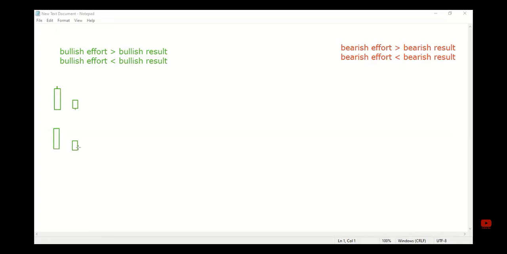So if we compare these two candlesticks and these two volumes, what we see is this is valid, because this is the effort, that means volume effort is greater, and the candlestick is also large here. That means nothing is wrong here, it's okay.